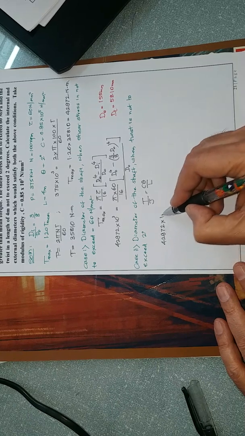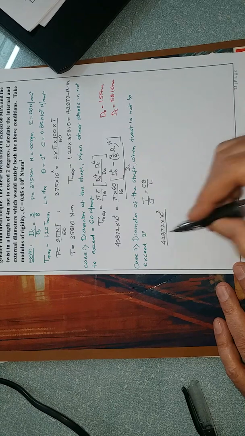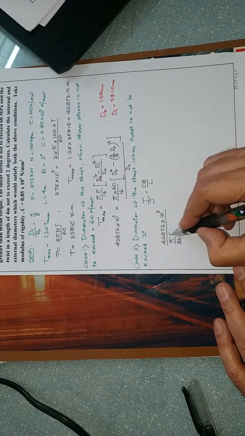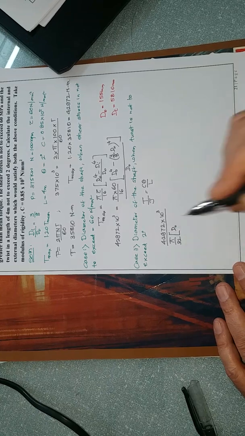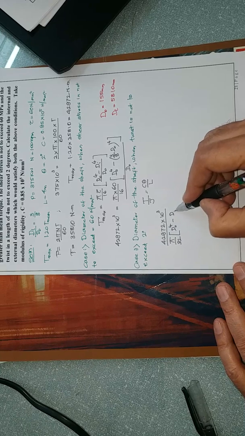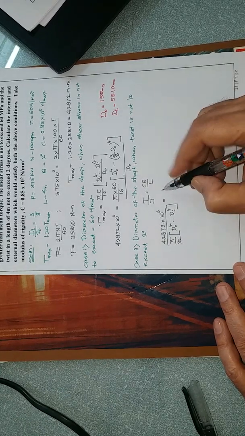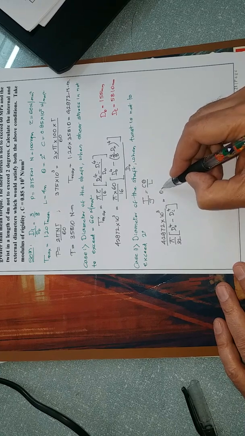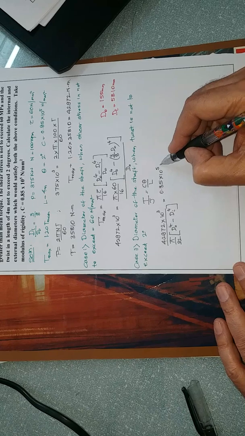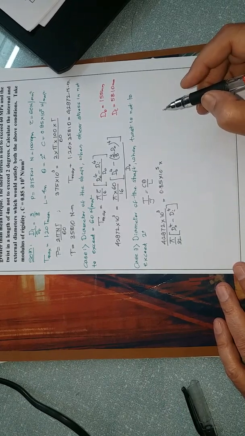So T is 42,972 into 10 raised to 3, divided by J, the polar moment of inertia, which is pi by 32 into d naught raised to 4 minus di raised to 4. That should be equal to C, which is 0.85 into 10 raised to 5 Newton per millimeter square, and theta is 2 degrees.